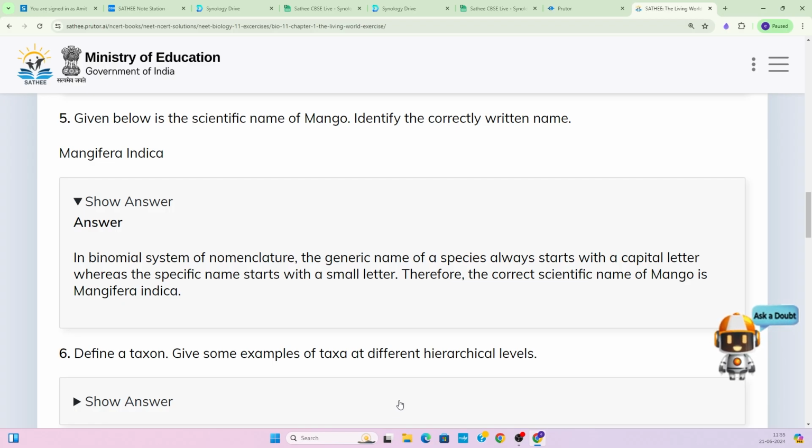Now, when you write Mangifera indica on paper by hand, you must underline it. These are some of the conventions of the binomial nomenclature system: when you write any scientific name, the genus name and the species name should be separately underlined. And the genus first letter, in our example Mangifera, M should be capital and in indica, i should be small, right?